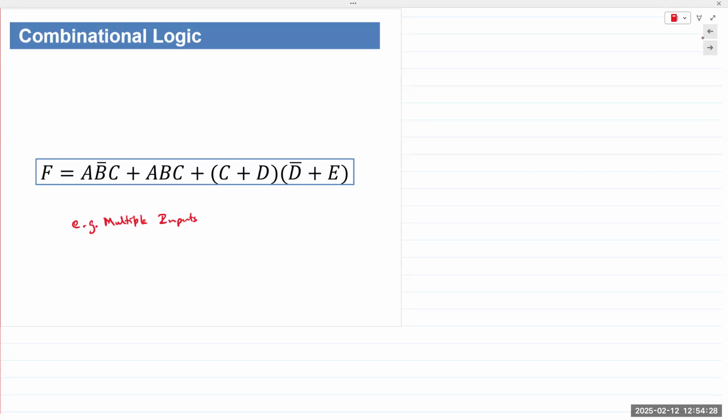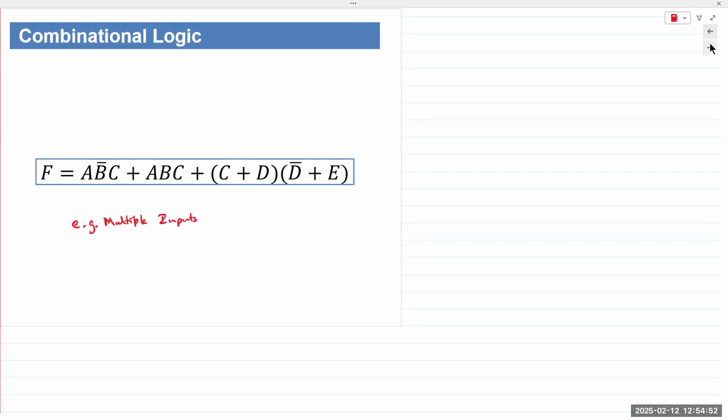Depending on what kind of output we want, depending on our application, we can design a logic circuit for that outcome. And that's where combinational logic comes into the picture. We would use the math and we can design a circuit to do a certain function based on multiple inputs.